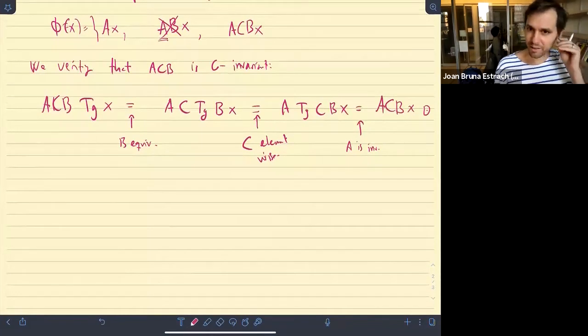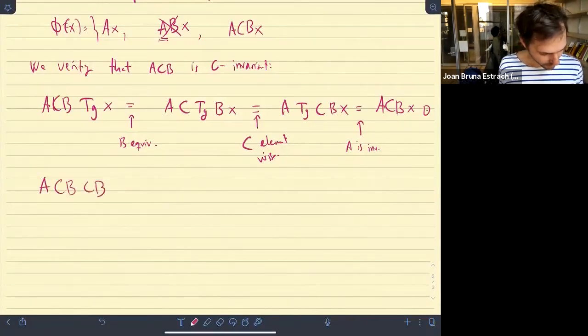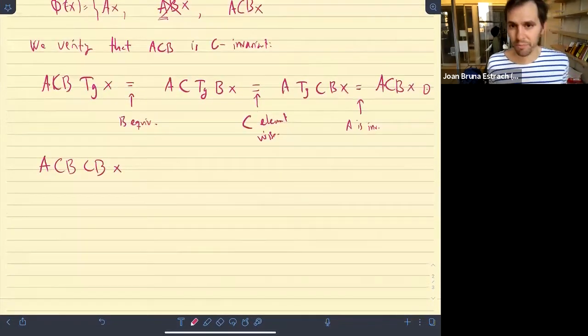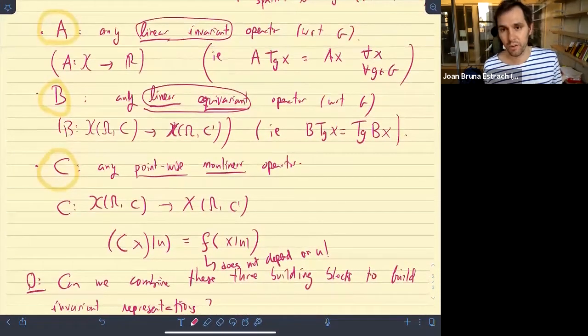And not only that, it suddenly opens the box for you to play with your imagination. We have done this thing once, but now we could do A, C, B, C, B, X. This is true for any A, C, and B that satisfy these properties: any A that is invariant, any B that is equivariant, and any C that is element-wise.